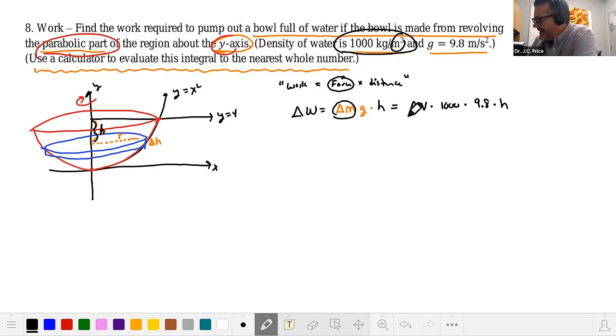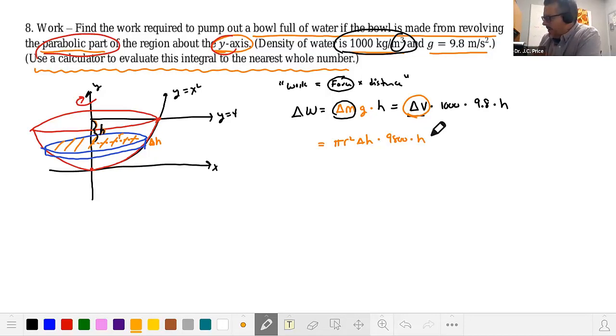And so how do we find delta V? Well, it's just the volume of a disk. And so what we'll do is we'll find the area of that top circle, which is just equal to pi r squared. And then when we multiply by delta H, we get that small change in the volume here. And then times 1,000 times 9.8 is 9,800, and then times H.